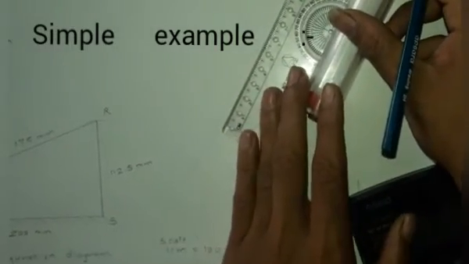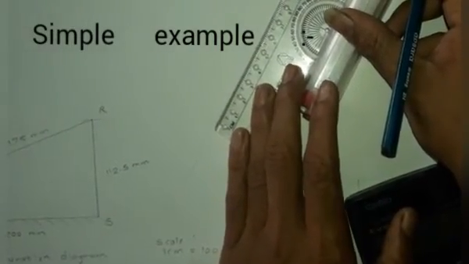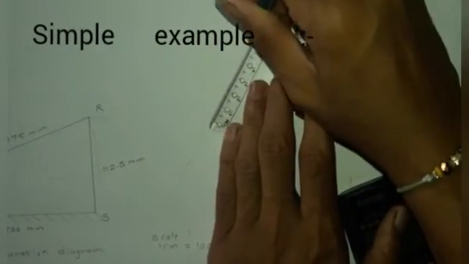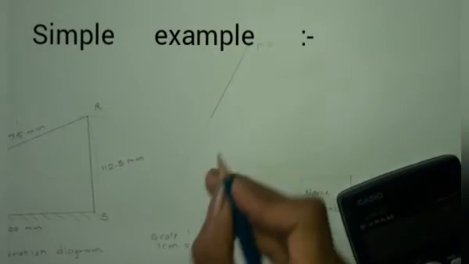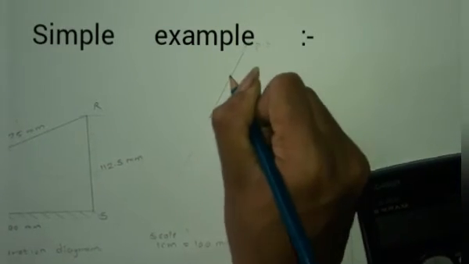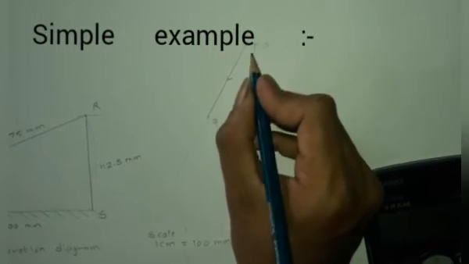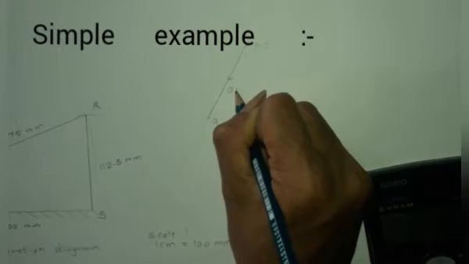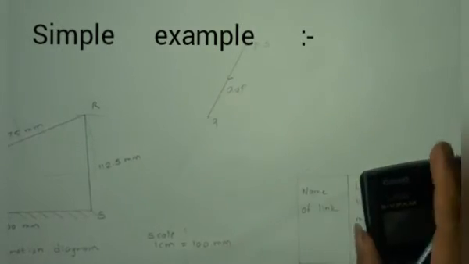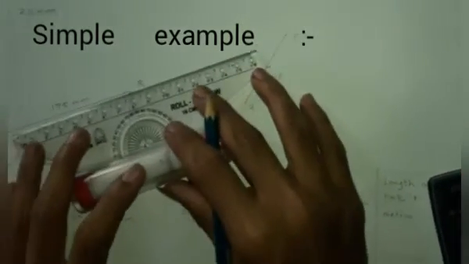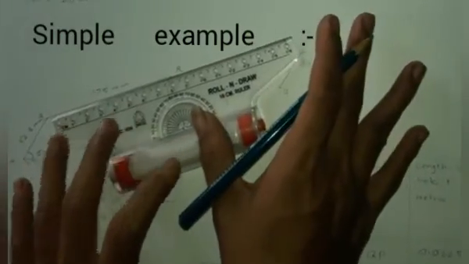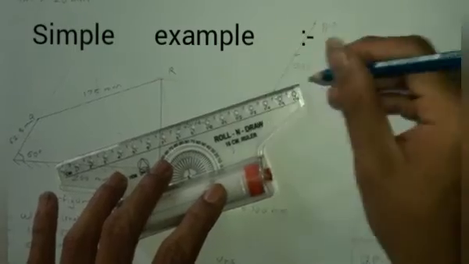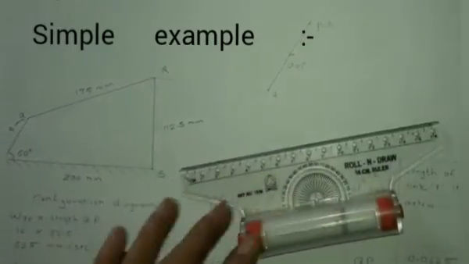So this will be 5 centimeter, and the point is Q. It will give acceleration QP. Now we will draw a line parallel to link QR from point Q, which has known magnitude, which is 0.7.